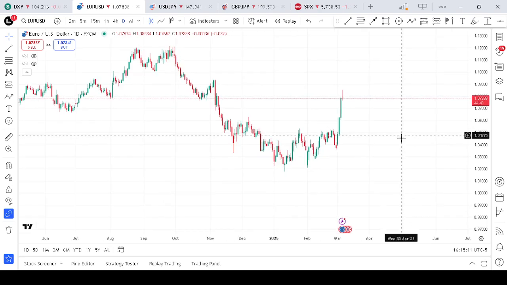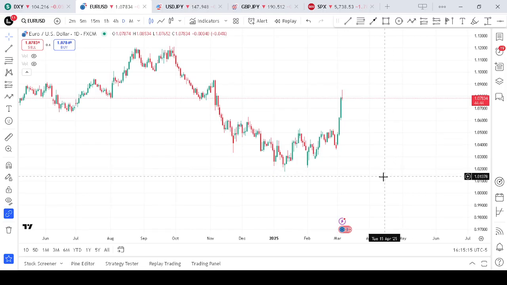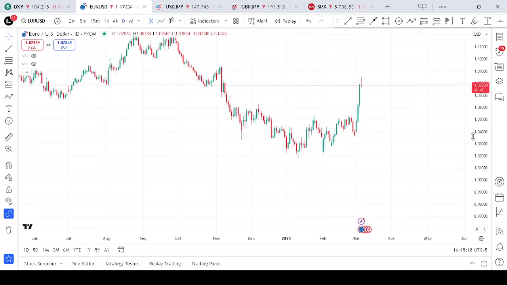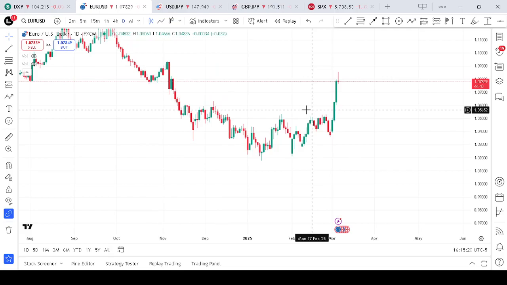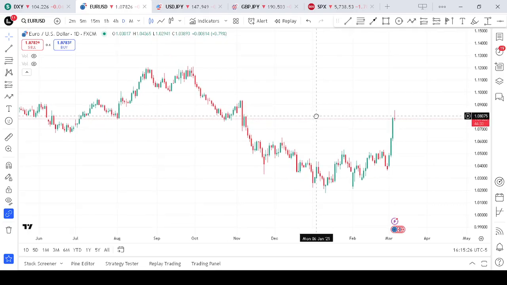Stay tuned as we break down this exact process that will transform your trading approach and help you capture more profitable trades. First of all, we will begin by understanding how price moves across different time frames.